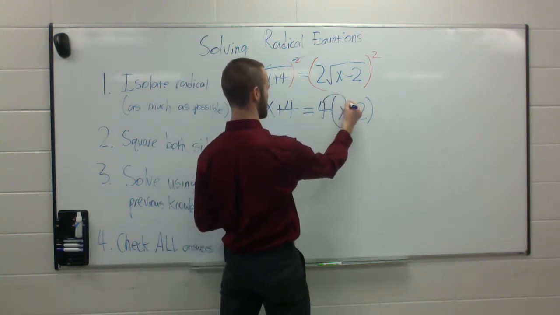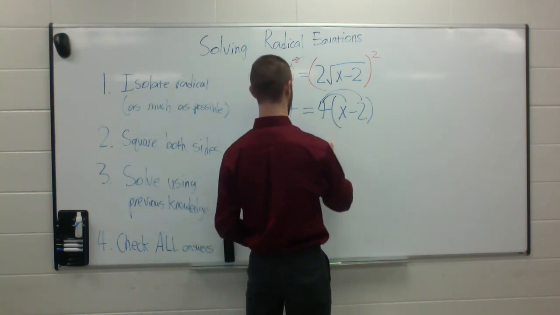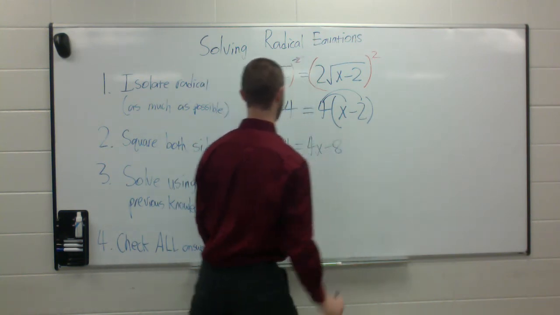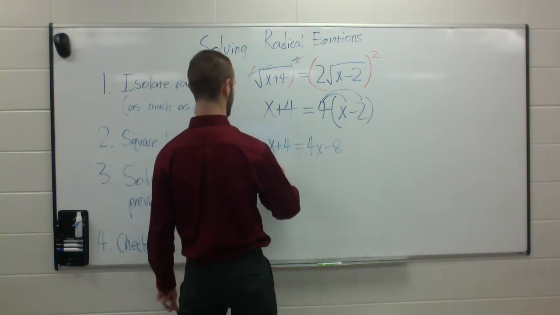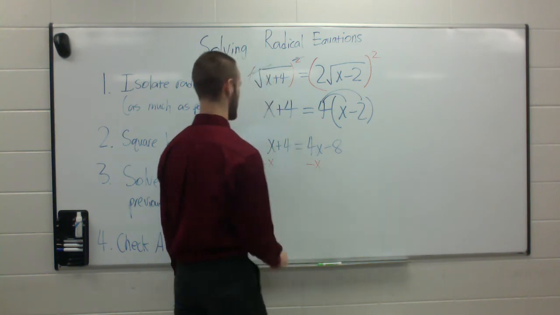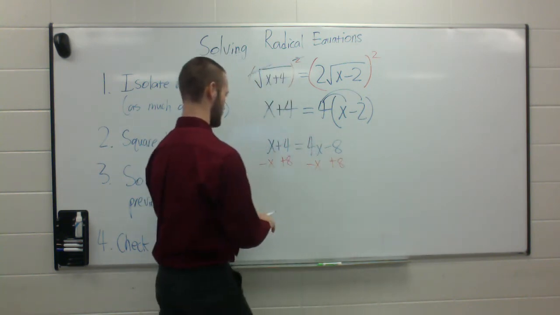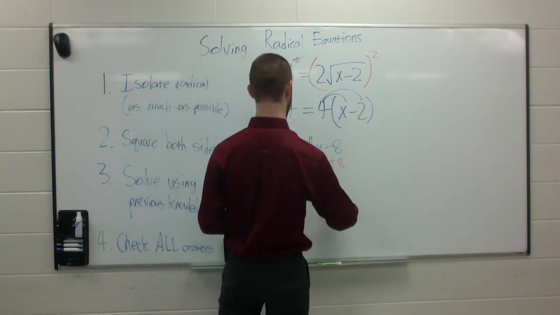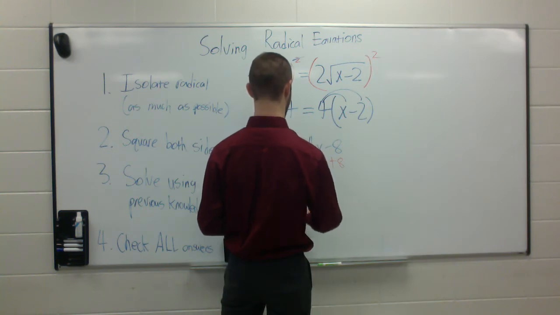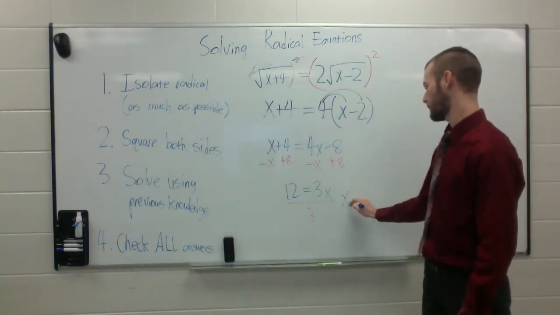So we would distribute the 4. We have x plus 4 equals 4x minus 8. And I'm going to subtract a 1x from both sides and add 8 to both sides. So I have 12 equals 3x, and I divide by 3. So I should get x equals 4.